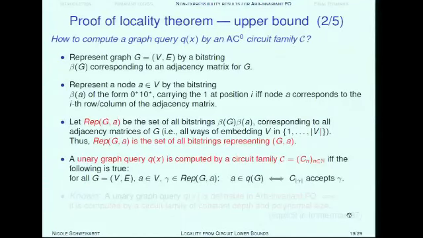Now a unary graph query Q of x is computed by a circuit family C. Circuit family means that for each input length n, I get a circuit Cn. It computes Q if the following is true: for every graph G, every node of the graph, and every bit string gamma that represents the graph together with the node, the circuit for the according bit string length accepts the bit string if and only if the node belongs to the query result.